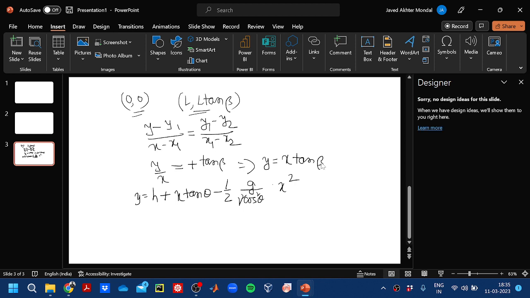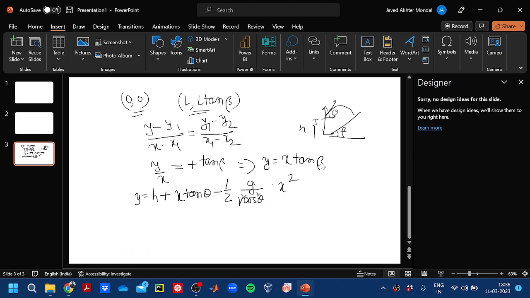So this is the equation of this inclined plane, and this is the equation of the ball that is getting this projectile motion here. So this is theta, and this is the inclination beta.